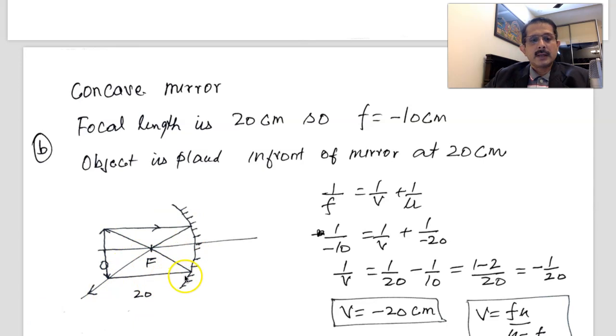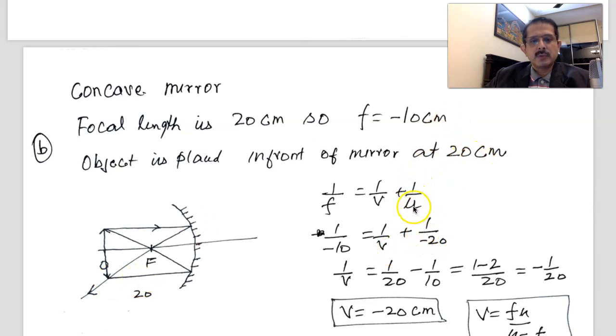Now, because the incident ray is coming from this side, this is the direction of the incident ray, and the direction from pole to object is 20. This direction is opposite, hence it will be negative, and that is what we have used.